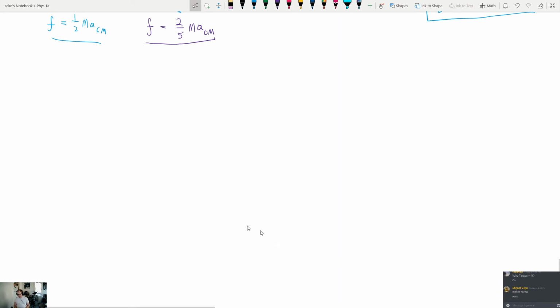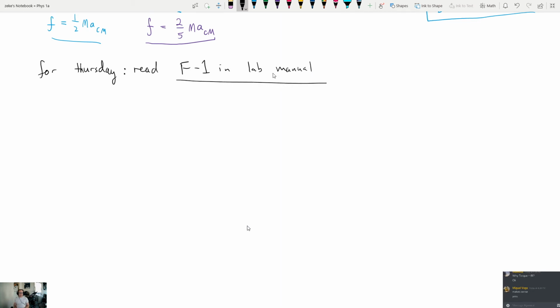Oh, I forgot to mention something at the beginning of class. For Thursday, if you want to read ahead and be prepared, read F-1 in the lab manual. We're going to go over this lab on Thursday, and there are some activities to do at the end.